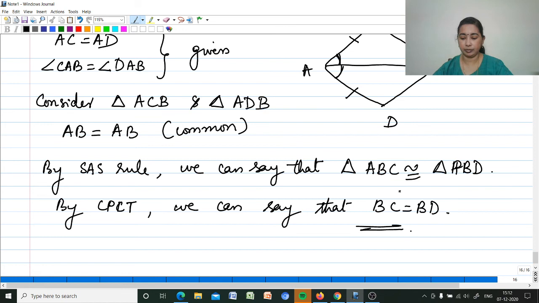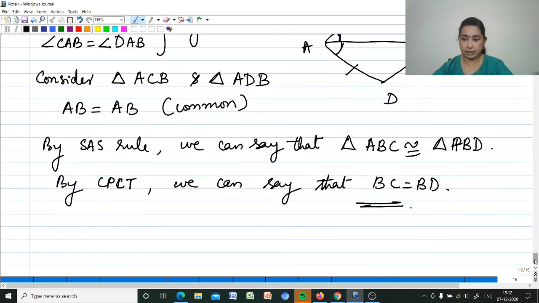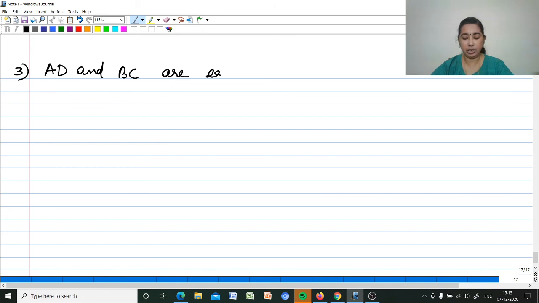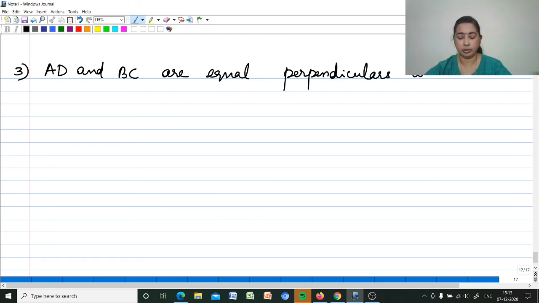Now another question, question number 3. AD and BC are equal perpendiculars to a line segment AB.